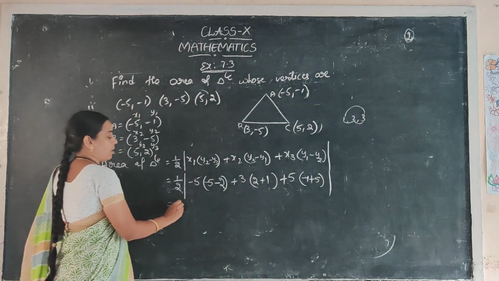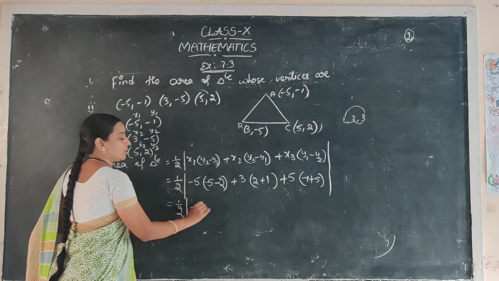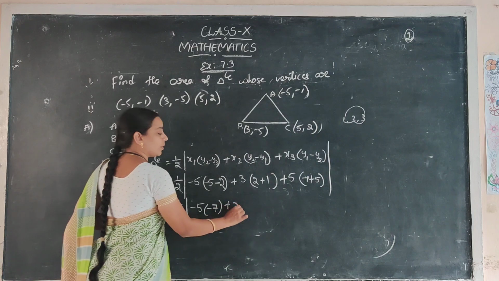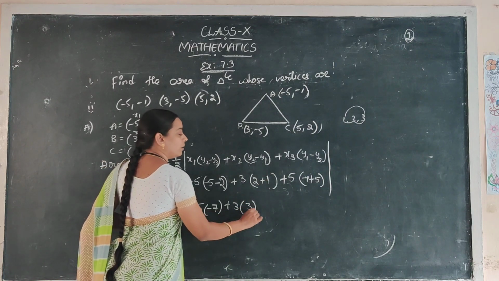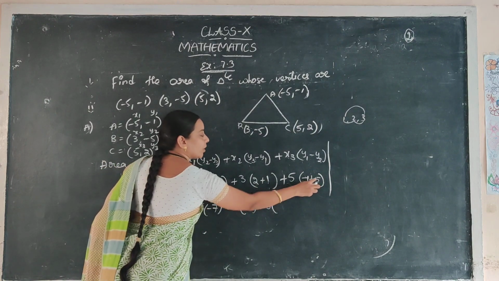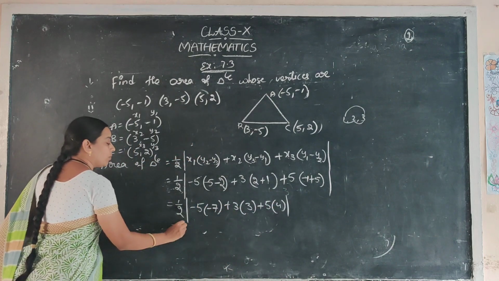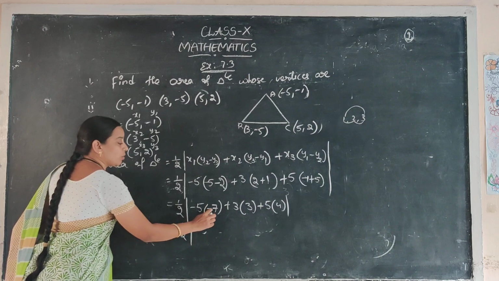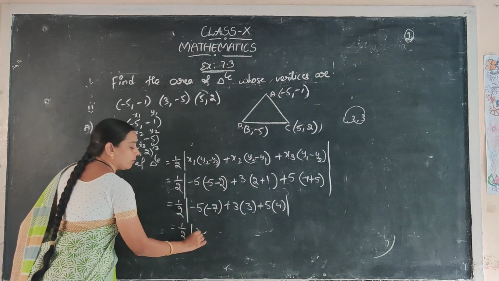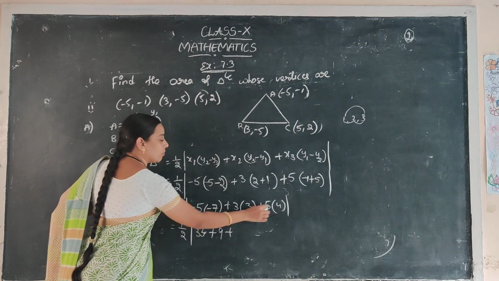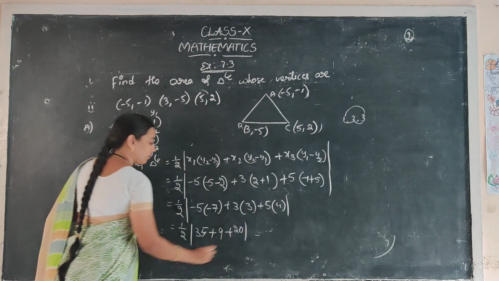Okay. Now simplify the bracket terms. Both are negative numbers: minus 5 minus 2 is minus 7. 2 plus 1 is 3. 5 minus 1 is 4. Now multiply these numbers. Minus into minus is plus. 5 sevens are 35. 3 threes are 9. 5 fours are 20.